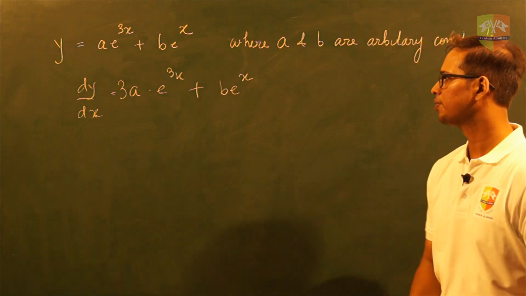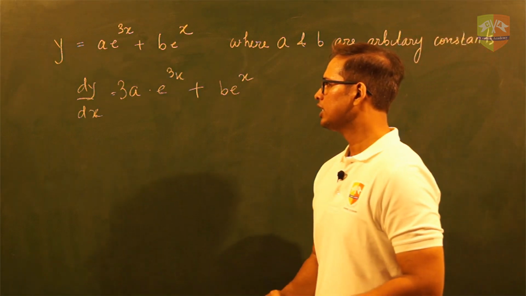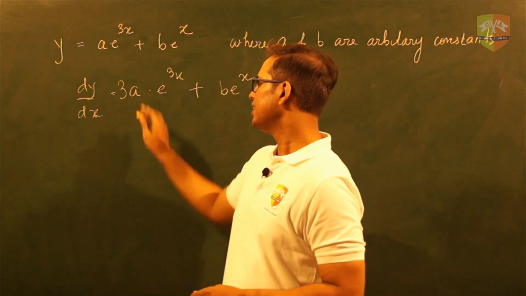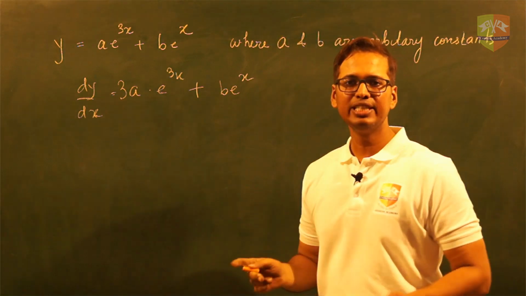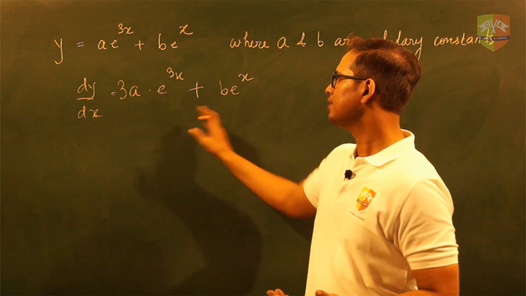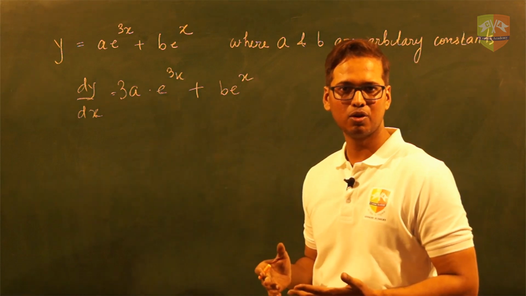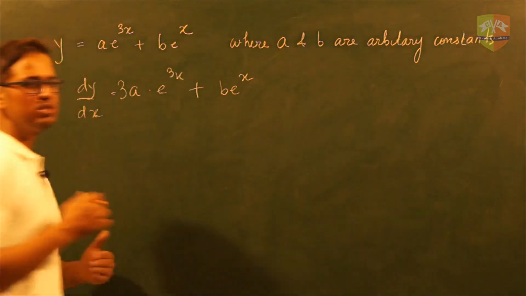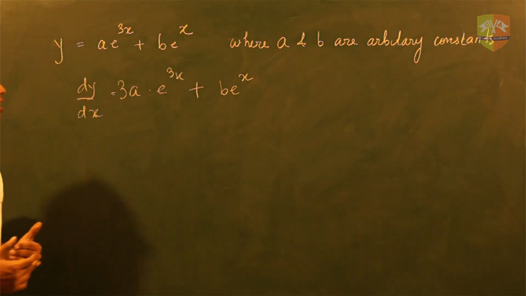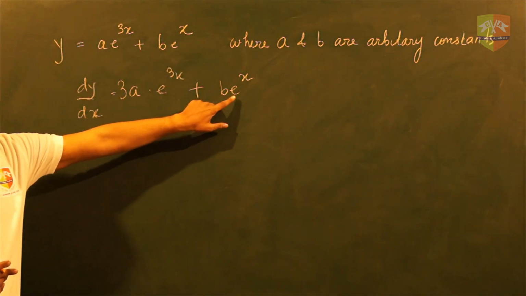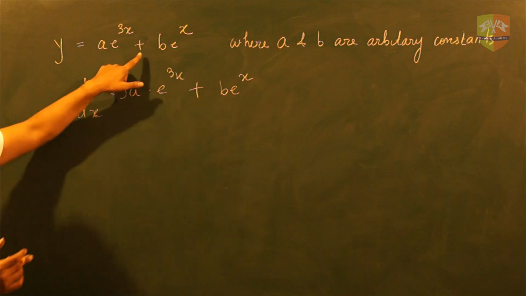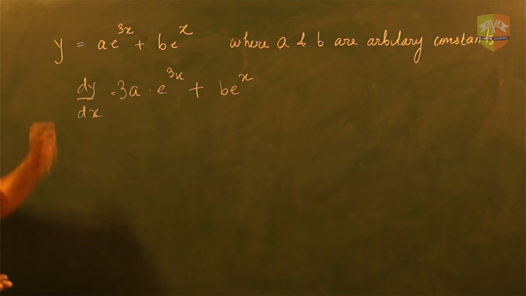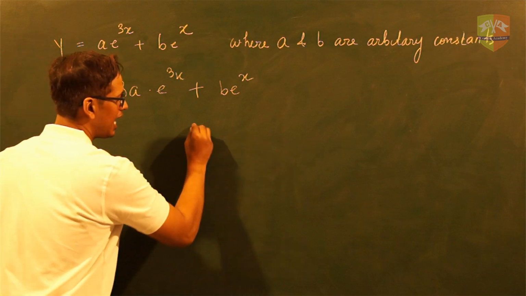Now here if we see this equation, we have not been able to eliminate any of the arbitrary constants involved. So a and b are still involved. Now what we will do in this case is try to reduce the number of constants here. For example, this b e to the power x I can replace by y minus a e to the power 3x.